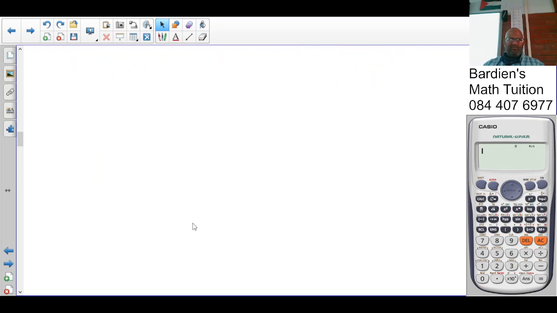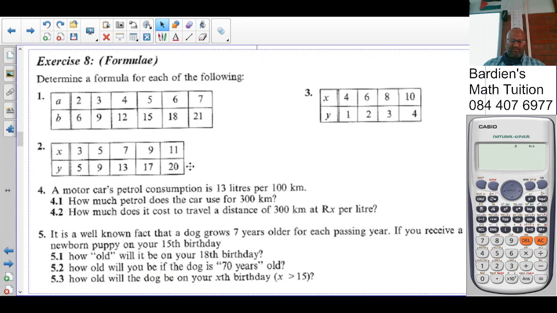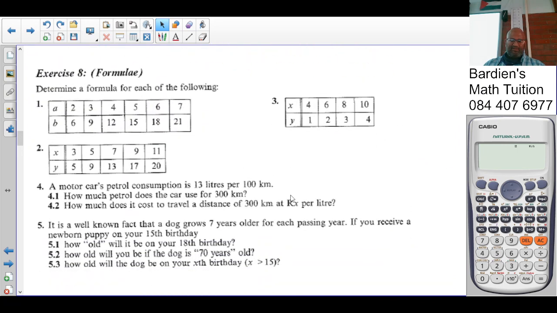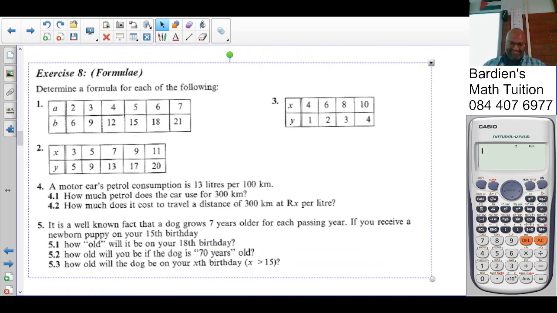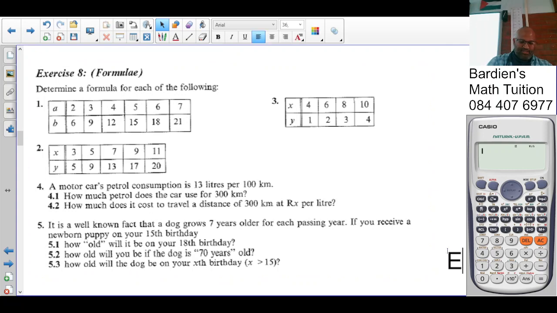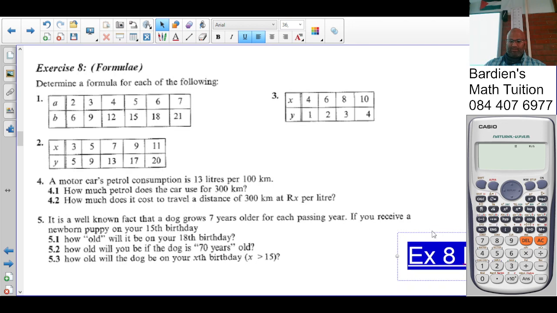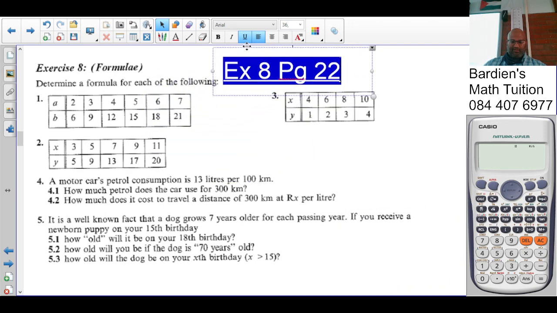So I don't want to overload you guys also. You've got other subjects that you need to worry about, no? You say yes? No, I'm joking. You must work at all your subjects, no? You just work extra hard at maths. This is the main subject, isn't it? Yes. Okay, so at least some of you agree with me.